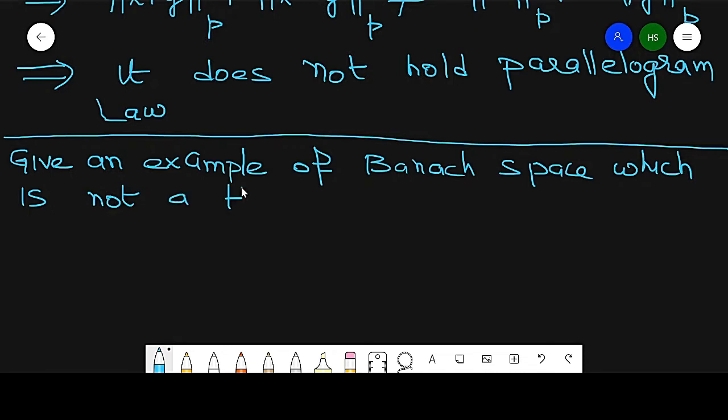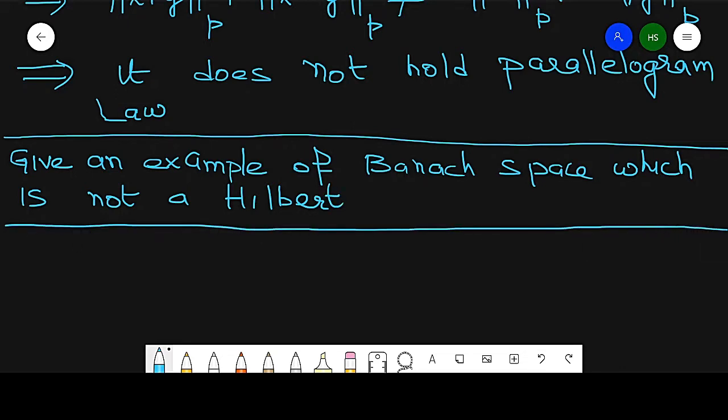So this is a very important question. The examiner may ask in two ways. First, to show that it does not hold the parallelogram law, and second, give an example of Banach space which is not a Hilbert space. So in this way we can prove the given result.